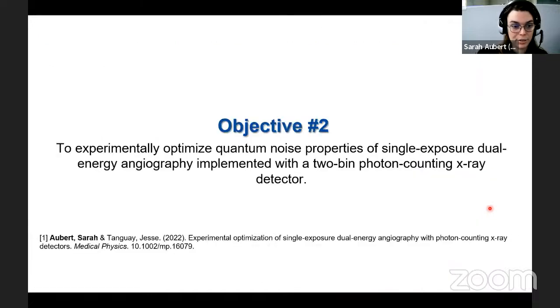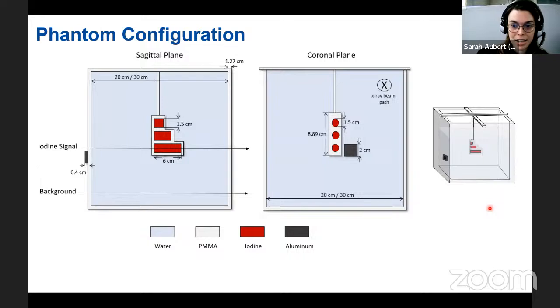And so this led us into our second objective, in which we set out to experimentally optimize the quantum noise properties of our proposed single exposure approach using a 2-bin photon counting X-ray detector. To do this, we developed an imaging phantom to produce dual energy images with the benchtop detector in our lab.